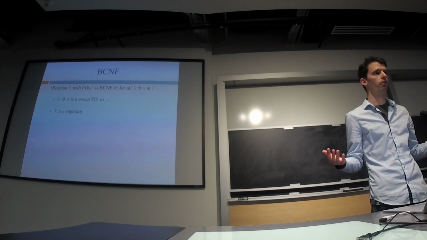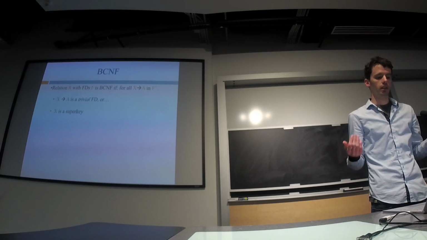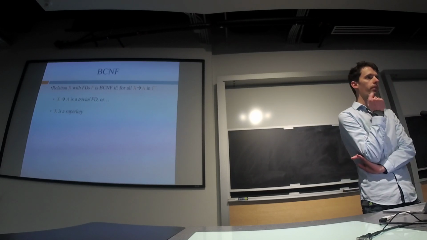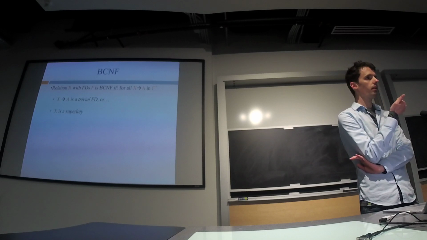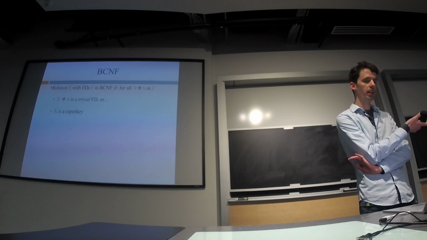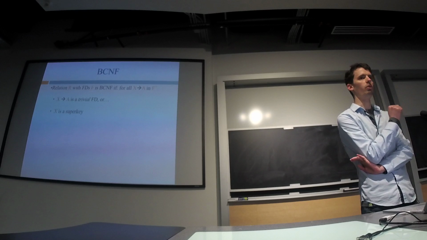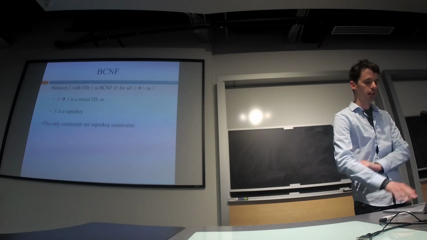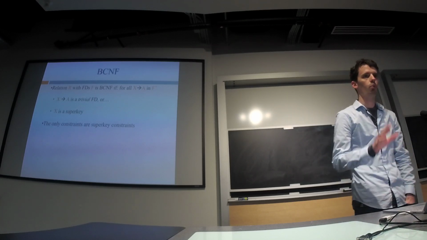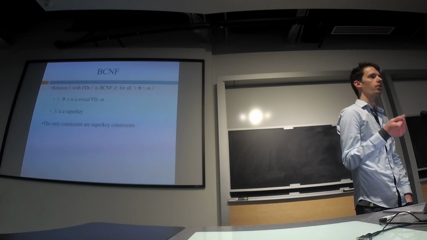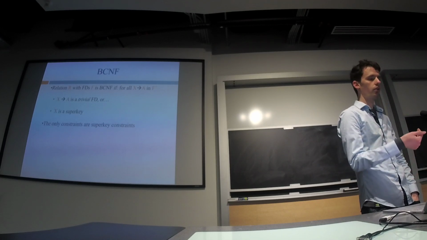All the other ones you can infer using those rules. So for every one of those functional dependencies, if it's a trivial functional dependency, or if the thing on the left of the dependency is a superkey, then your table is in Boyce-Codd normal form. So it's a long-winded way of saying it. One simpler way to say this is the only constraints you put on your table are superkey constraints.